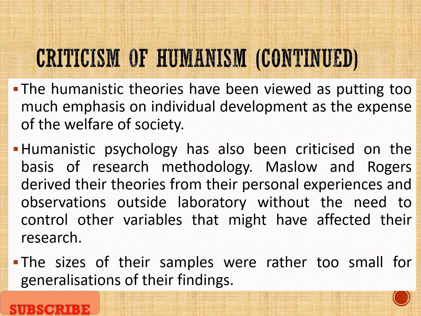In other research, it has been stated that Maslow drew his findings from a small sample of fewer than 30 individuals. So this is why this school of thought is often criticized by many other scholars.